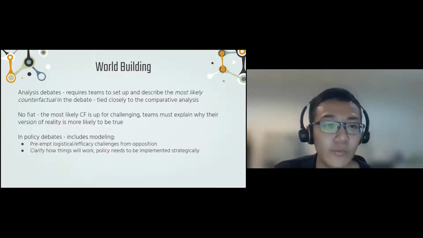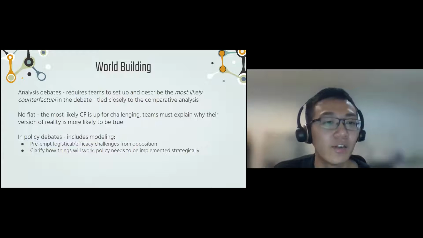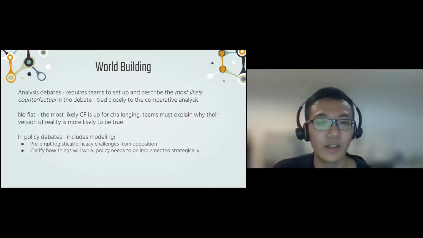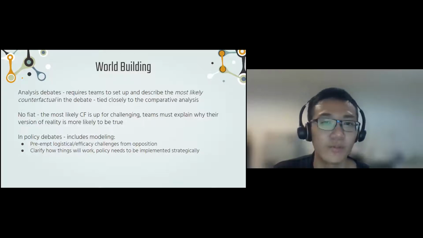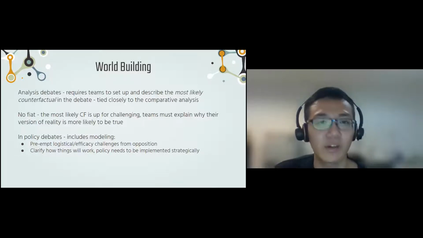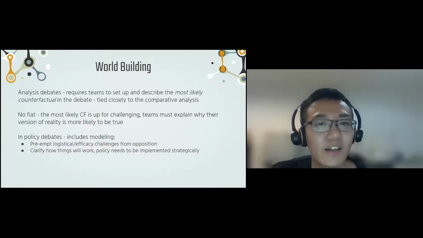So if government says that the counterfactual here, where we abandon political moralism, is, I don't know, amazing political compromise, passing all the policies that you want in the world, because for some reason everyone's going to do that, then in opposition, you probably want to challenge that being the likely counterfactual.